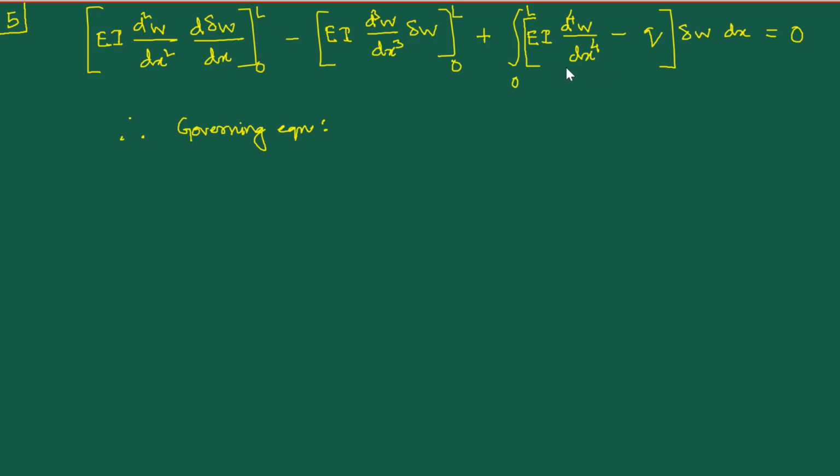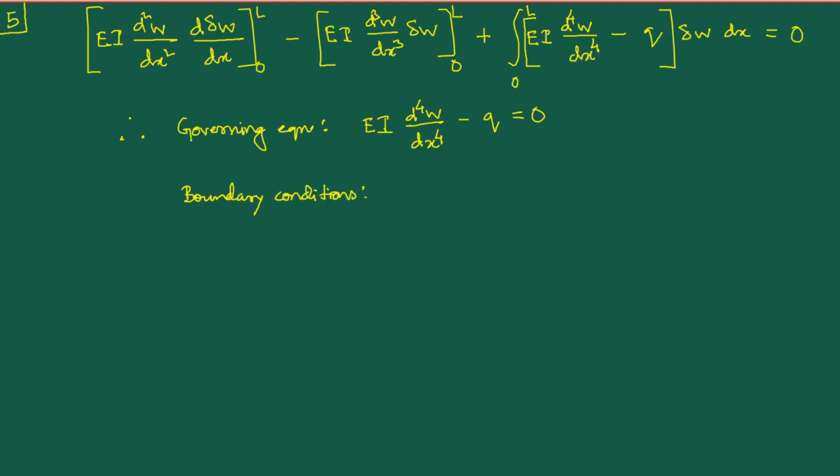So this governing equation that we're going to write here is the Euler-Lagrange equation for this particular mechanical system under concern. So our governing equation will be the coefficient of this delta w term here, which is nothing but EI d4w dx to the 4 minus q is equal to 0, and for the boundary conditions all that we have to do is deal with these boundary terms.